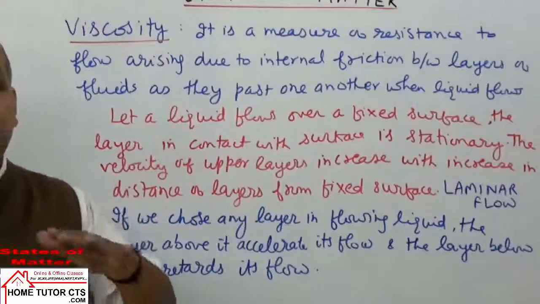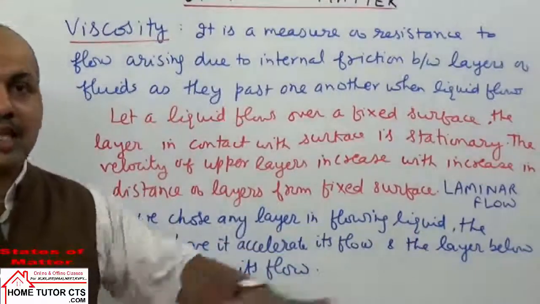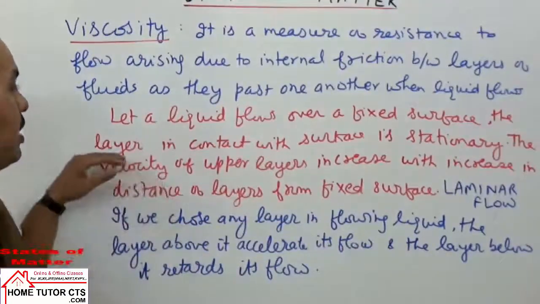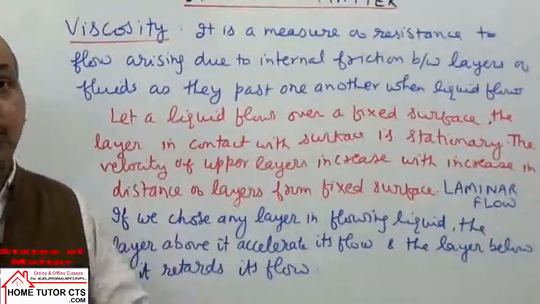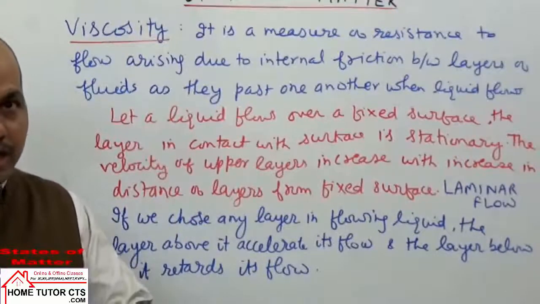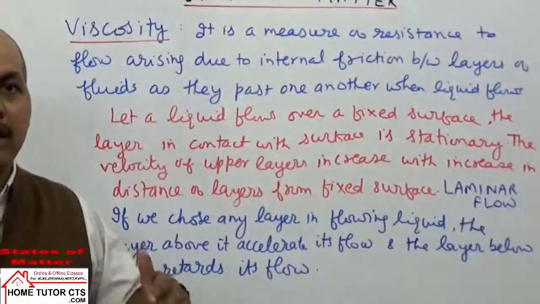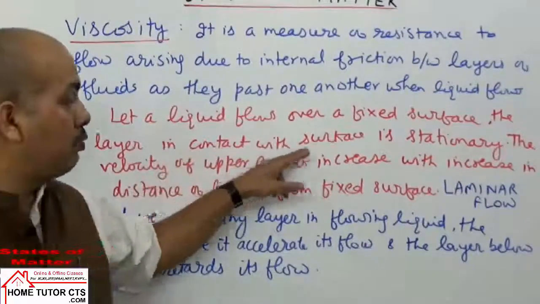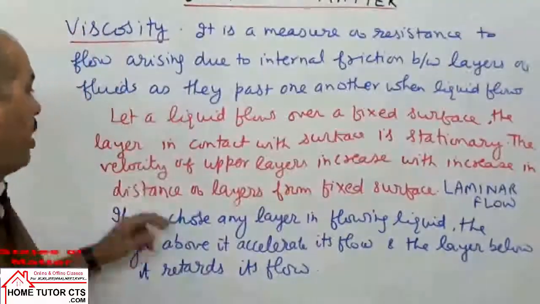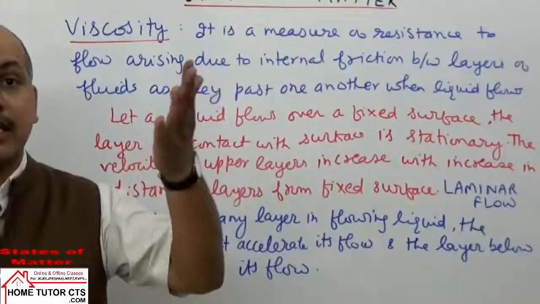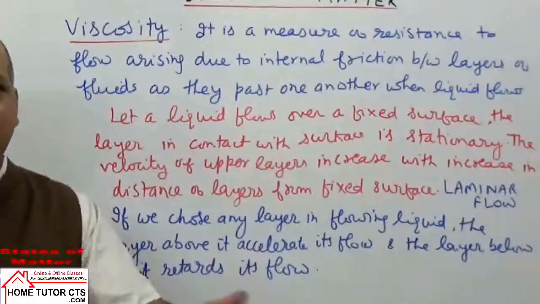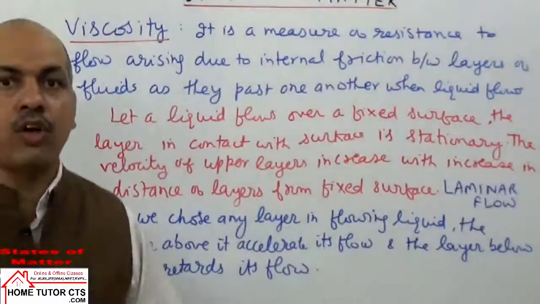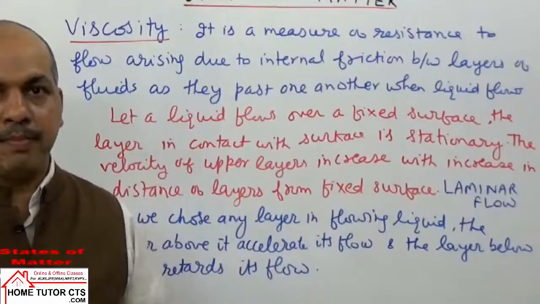Now suppose a liquid is flowing on a fixed surface. The layer in contact with the fixed surface will have more attraction, so this layer remains almost stationary, and the velocity of the upper layers increases. You can take a practical experience: water flowing in a river or a stream.